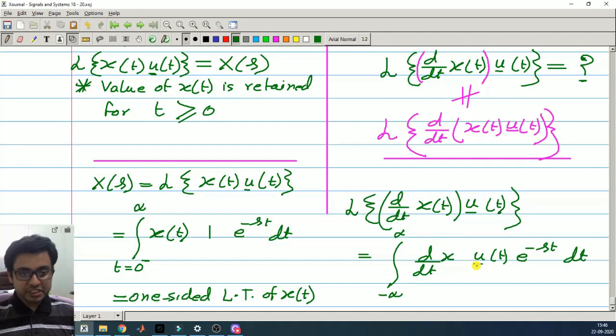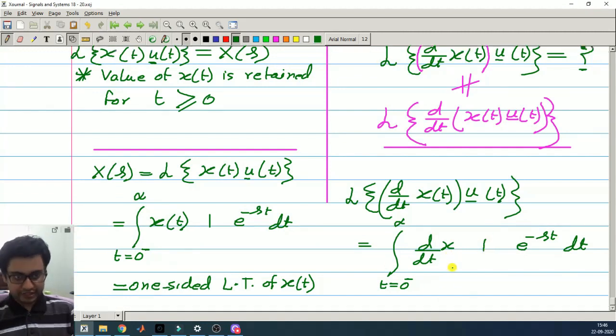However, u is 0 before time 0, so I will put this from t equal to 0 or 0 minus to infinity, and in this range this is equal to 1. So this is what we want to find.